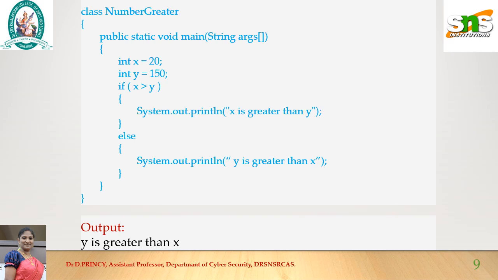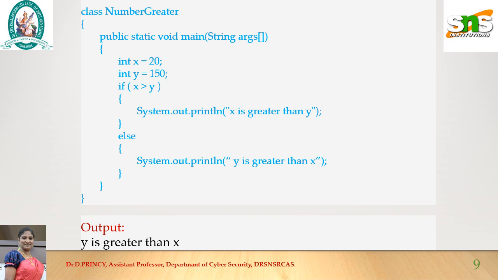It checks the condition x greater than y. 20 is not greater than 150, so the condition becomes false. The body of the if statement will not be executed; it moves on to the else block, which is also called the false block. So the statement executed in this program is "y is greater than x".